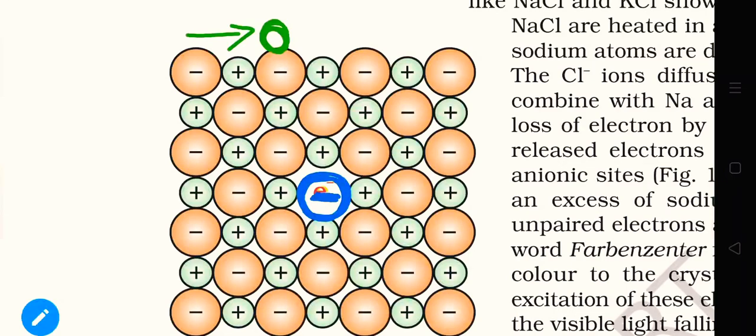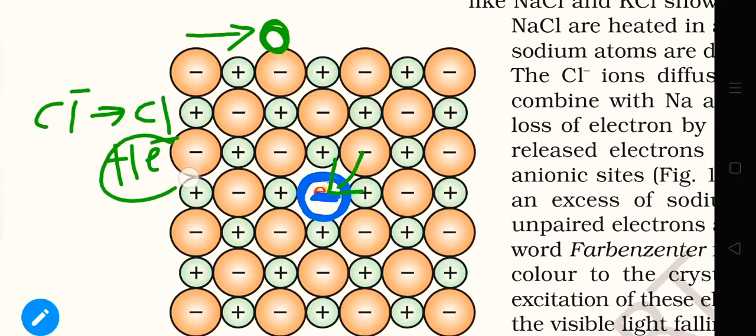Just assume that the negative ion present here will leave its electron. The reaction will be Cl minus becoming Cl atom and releasing one electron. Now the electron will be present here. That means Cl will leave its electron at its original location.